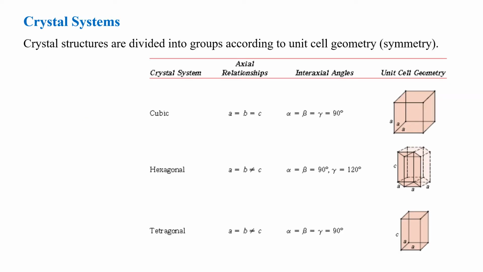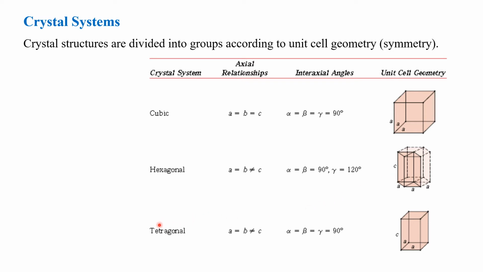Crystal structures are divided into groups according to unit cell geometry. You have the cubic crystal system, where a, b, and c are equal, and alpha, beta, and gamma are equal. The interaxial angles are equal to 90 degrees. You also have the hexagonal with these parameters.